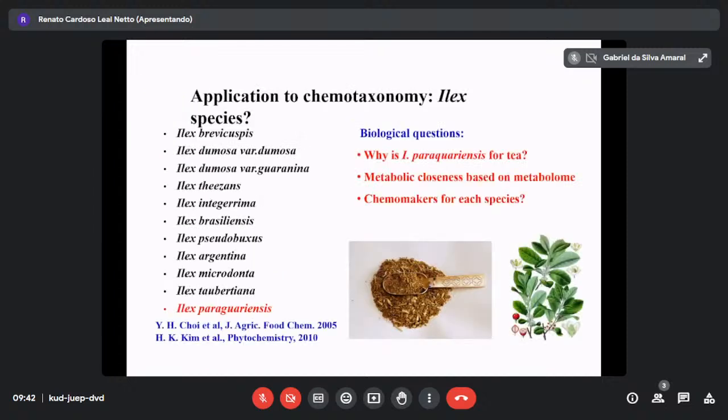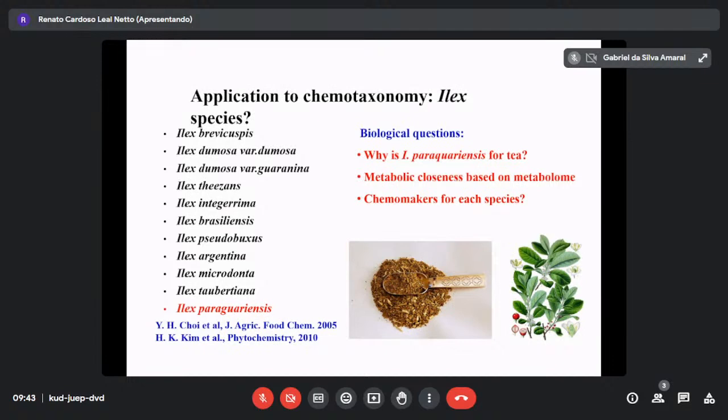Now it's a final example, a mate experiment. This is an application to chemotaxonomy of Ilex species. I think I published it around 15 years ago. I'm getting old. You know mate. Who is drinking mate? Mate comes from Ilex brevicuspis, Ilex dumosa, Ilex theezans, all these species.